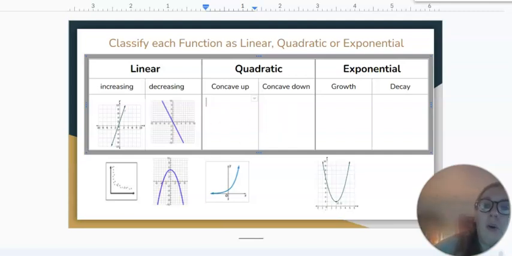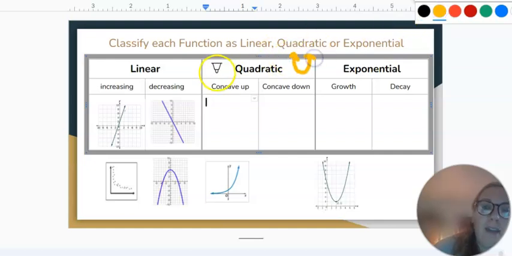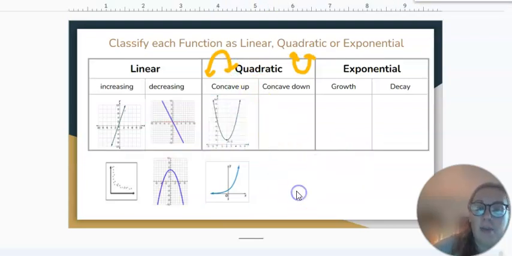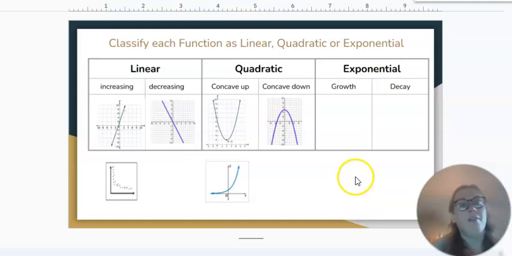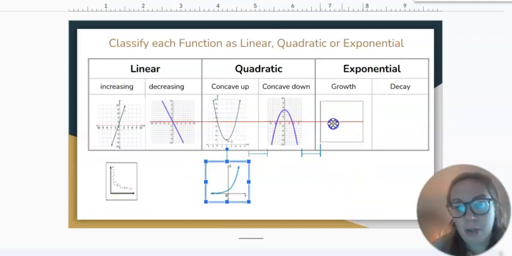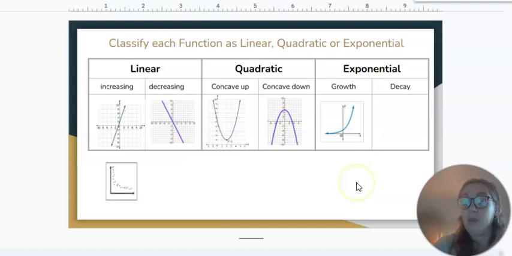Beautiful. Quadratic makes our U-shaped graphs, and they're either concave up or concave down. So here's concave up, making a U, and here's an upside down U, concave down. And then for exponential, our growth looks like this, again from left to right.